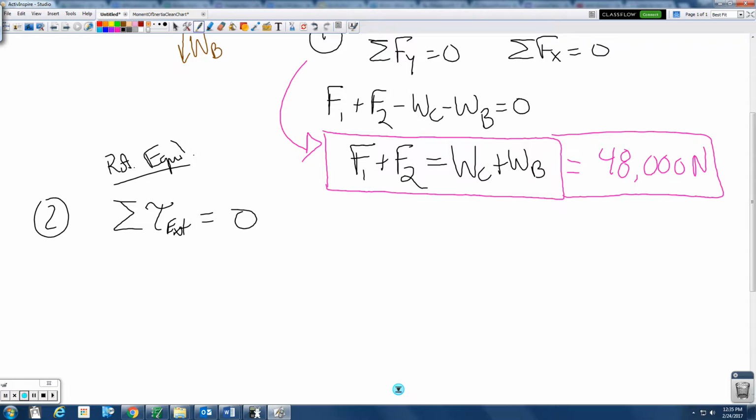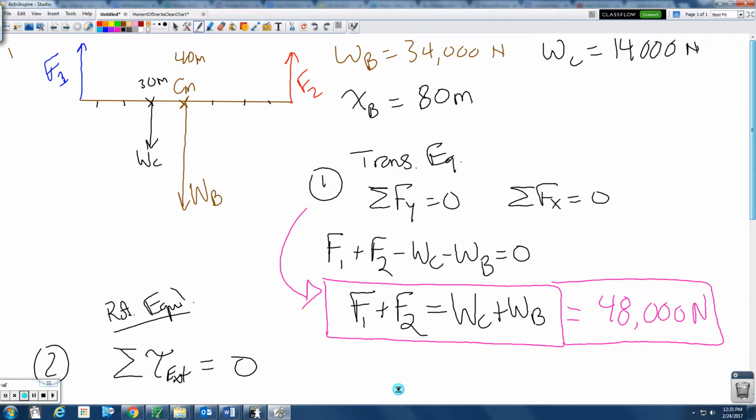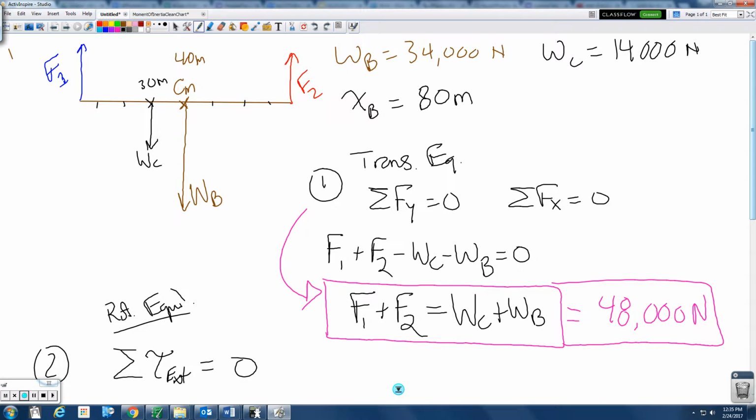So we go back and look at our torques, and we say, aha, we got to pick an axis of rotation. This time, I'm going to pick, I don't know, F2. The point where F2 is applied is going to be my axis of rotation now, because I feel like it.